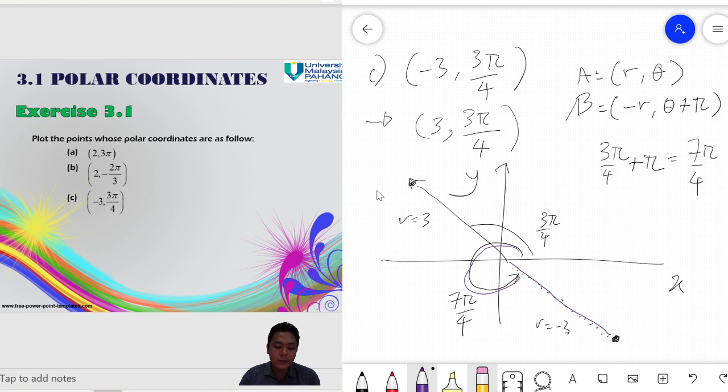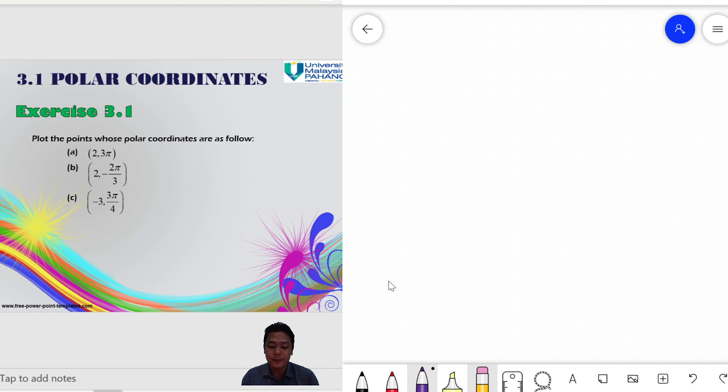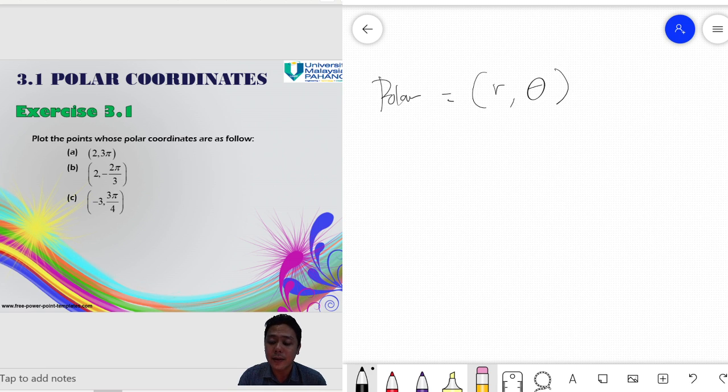We will continue with another lecture on the connection between the coordinates. Right now you should be able to plot. Remember a few elements. The first thing is that you must represent the polar coordinates in the form of r and the degree. So just to recap, in polar coordinates, if you want to plot it, you must represent a straight line from point A to the origin, represented by the distance of r and also the degree.